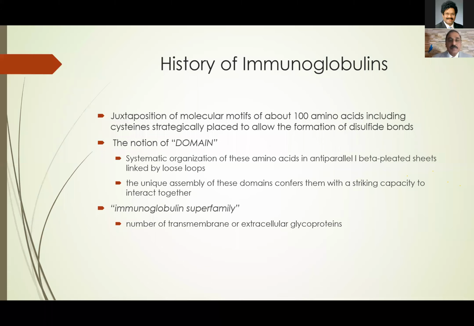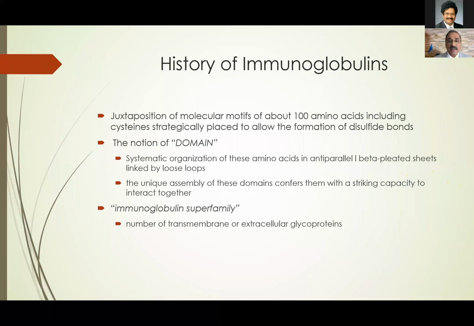Then these molecules became more and more complicated. And in the last 30, 40 years we have understood the molecular motifs, which are the domains. Domains are about 100 amino acids in length, held together by cysteine and disulfide bonds. These motifs are called domains.